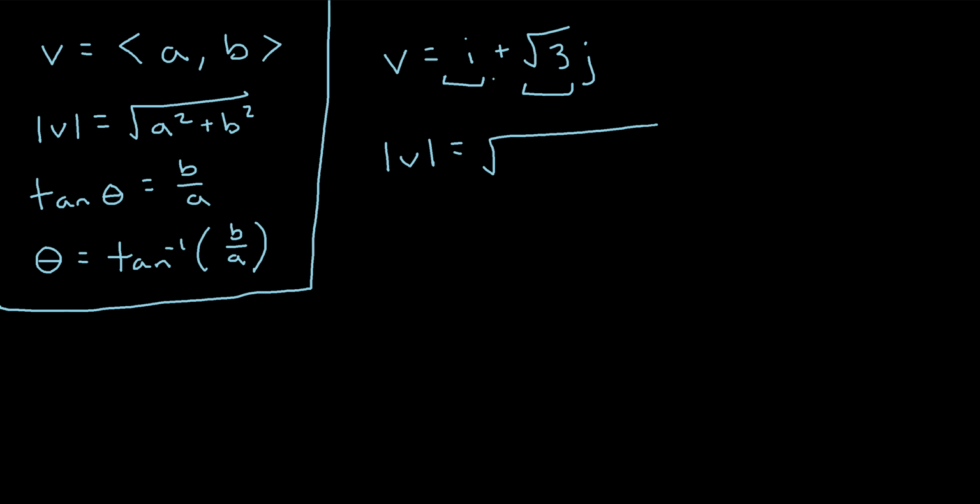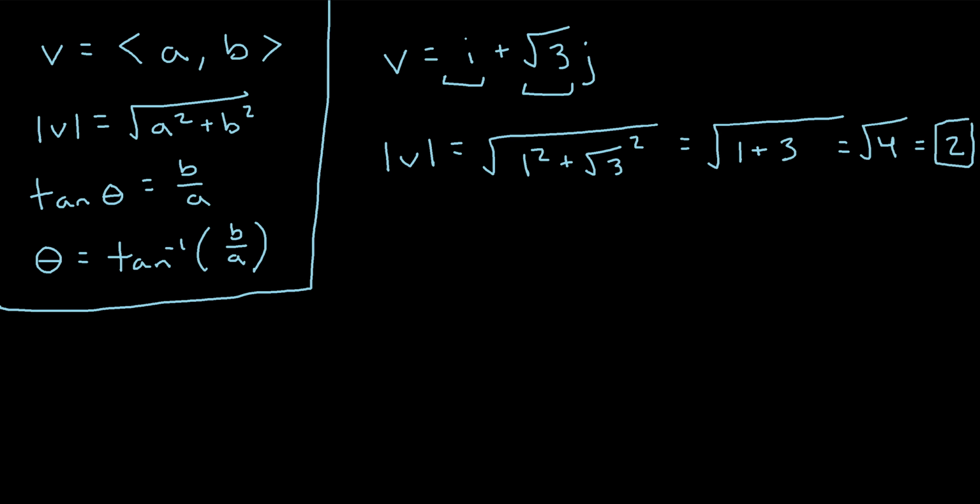So a, in this case, is just 1. It's the coefficient in front of the i. So we'll say 1 squared. And b is the coefficient in front of the j. So the square root of 3 squared. So we get 1 squared is 1, plus the square root of 3 squared is just 3. So 1 plus 3, that's 4. So the square root of 4, that's just 2. So the magnitude is 2.